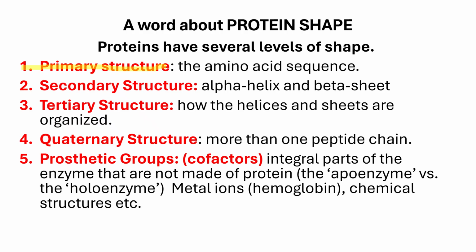Now, once you put together a chain of amino acids, the amino acids all have different chemical properties. Some of them are positively charged at neutral pH, some are negatively charged at neutral pH, some are acidic, some are basic, and so on. And so some of them tend to attract each other, and others tend to repel each other.